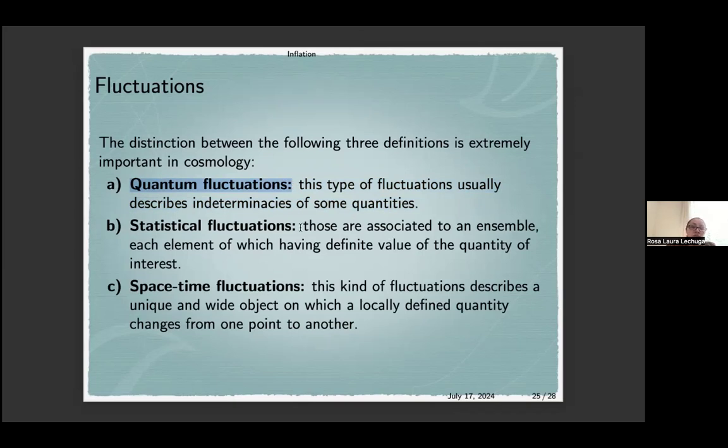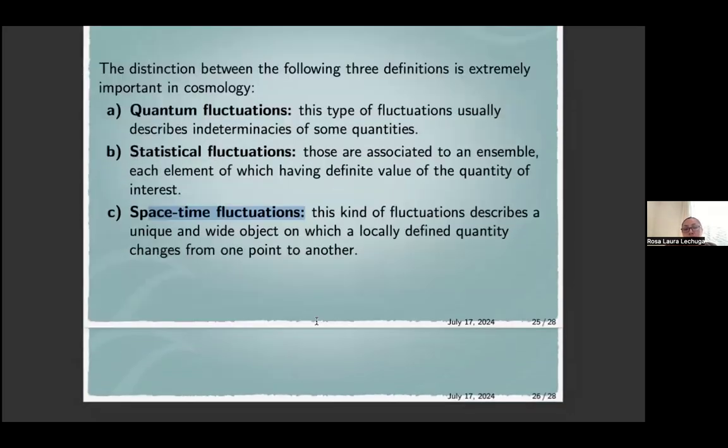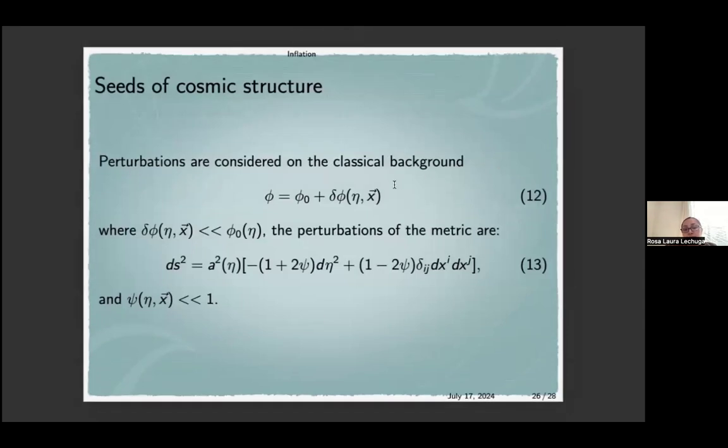You may answer, okay, I thought they were statistical fluctuations, but now I think they are quantum fluctuations. So tomorrow we're going to see the distinction between them and try to study in the inflationary paradigm how the structure emerges. And for today, I want to hear the questions, please.